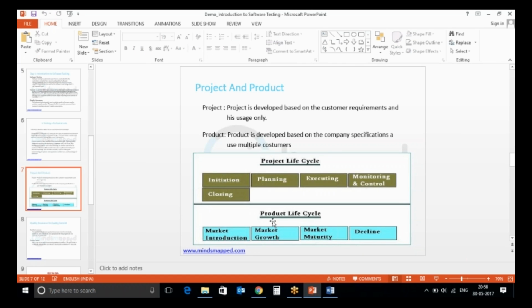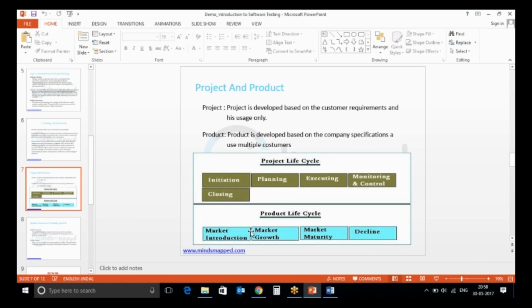Okay, so moving on, product life cycle is not that important, I would say. It is just market introduction, when the product is introduced in the market, how it's growing, and what its maturity is. When we talk about maturity, there comes a time where, let's say, a website is developed today.